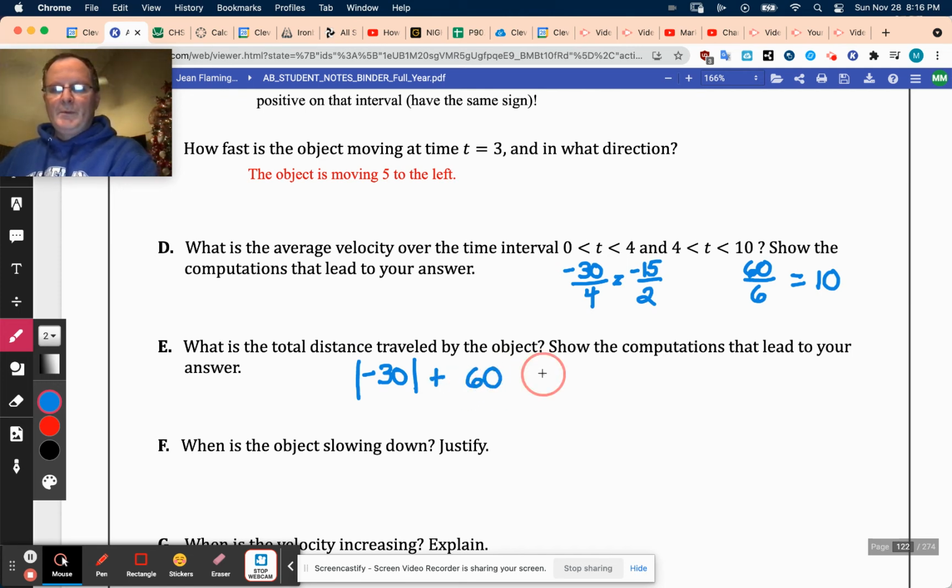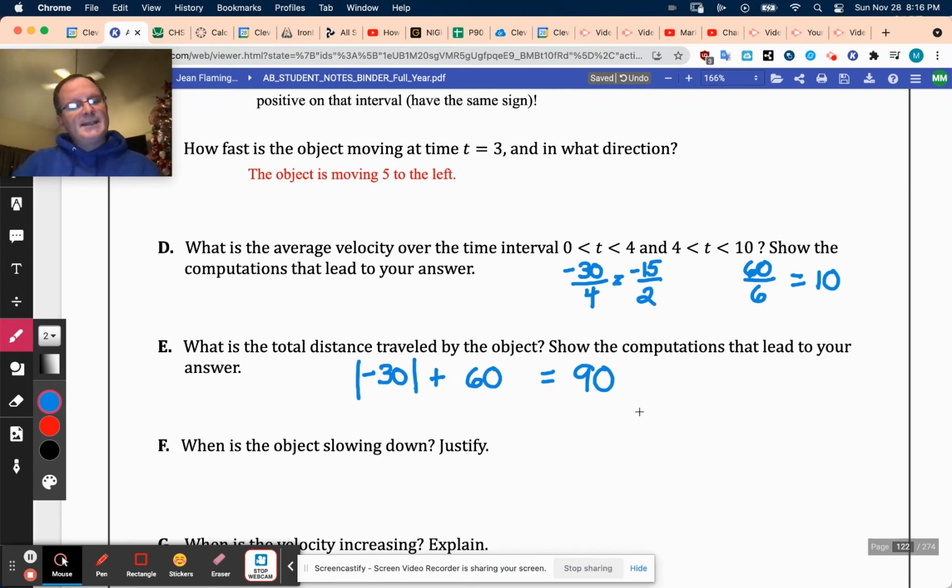So this would be 90. Now that's not displacement. Displacement would be we traveled backwards 30 and then we traveled 60. So our displacement would be those two added together without the absolute value. Therefore, it'd be 30. So we'd be 30 away from where we started. But that's not what it was asking. It asked what was the total distance traveled. So that would be 90.